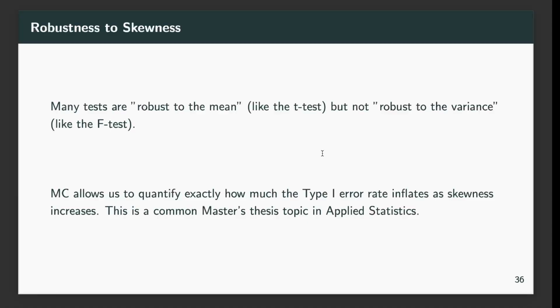You can run a simulation where the data come from, for example, a gamma distribution with various shape parameters to control the skewness. Then you can track how the type 1 error rate of the t-test changes. For the two-sided t-test, the rate will stay near 0.05, even for substantial skewness. For the F-test for equal variance, the rate can increase dramatically, even with mild skewness.